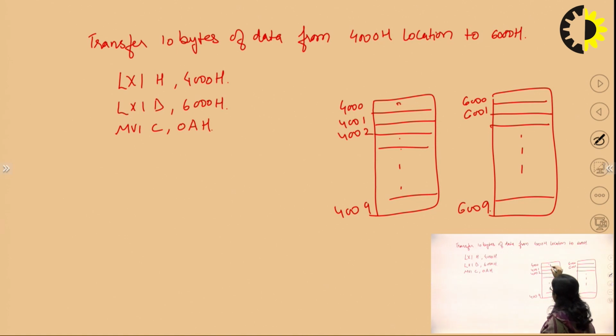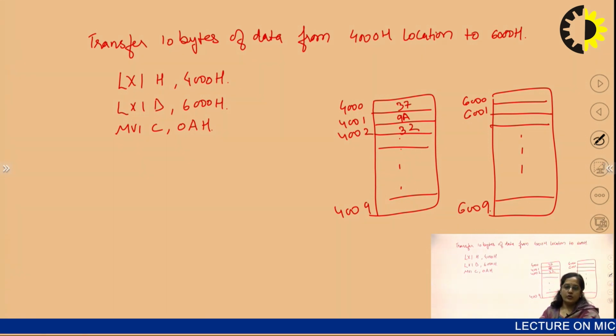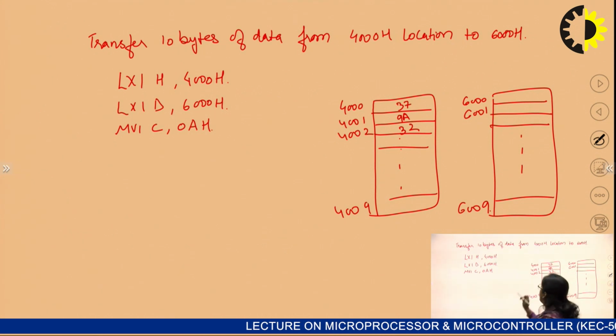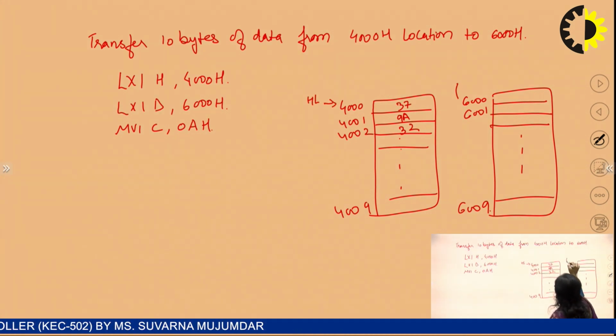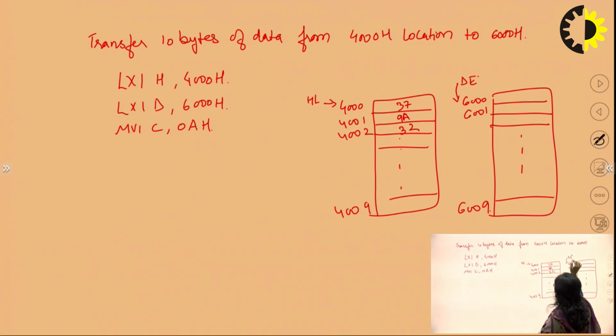So here some data is there. So we have loaded the HL pair. So HL pair is pointing to this location. 6000 will be pointed by DE pair, and the C register I have loaded with 0A. Till now we have done this.